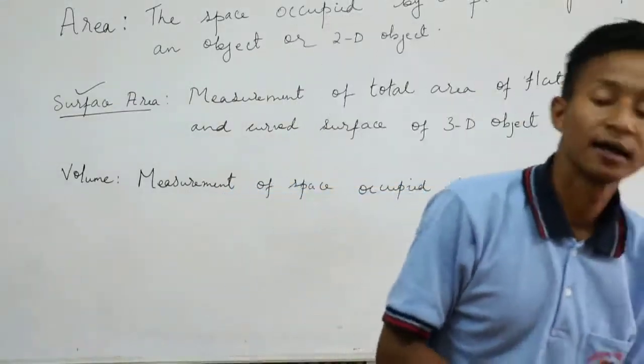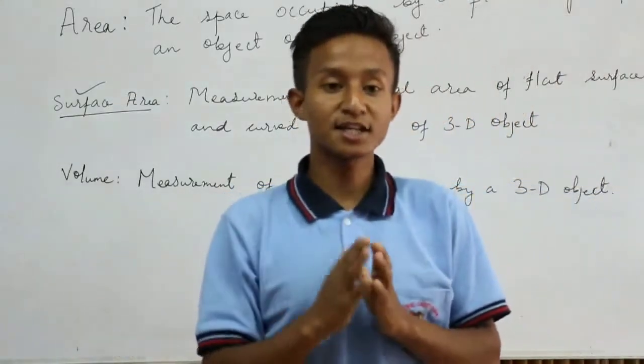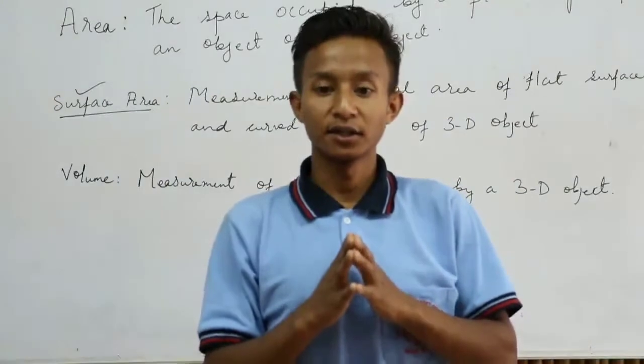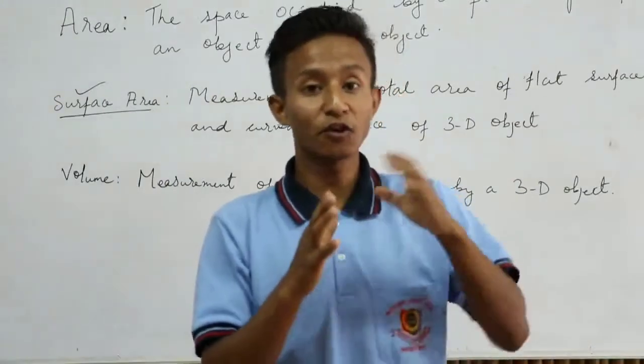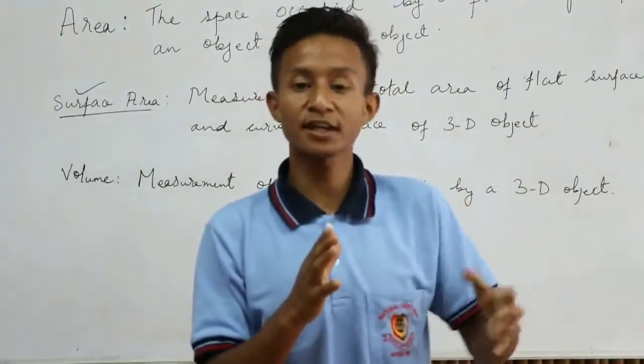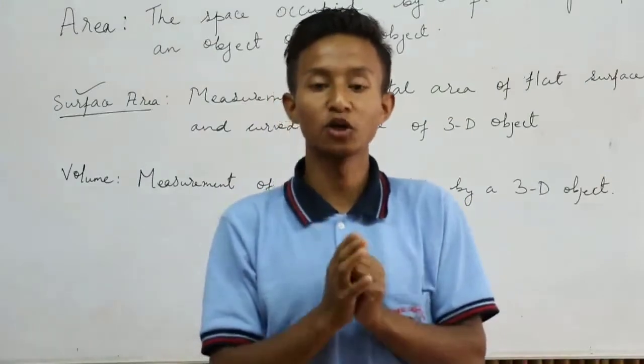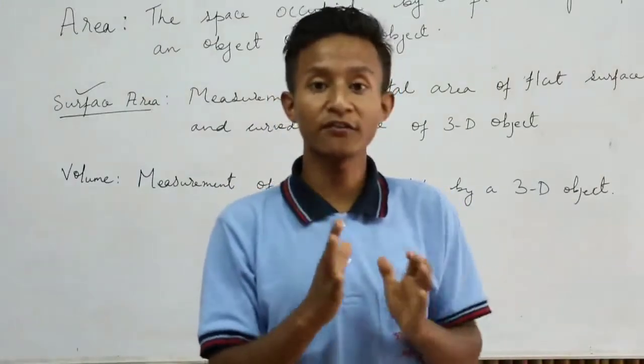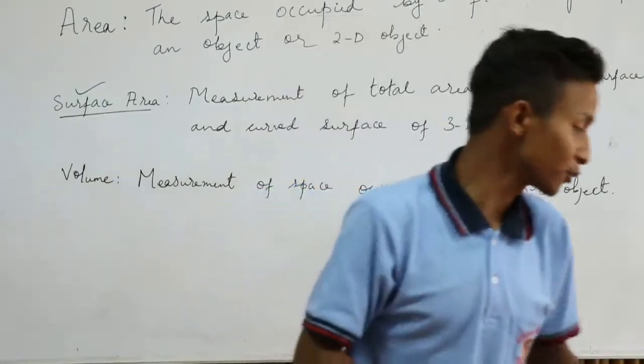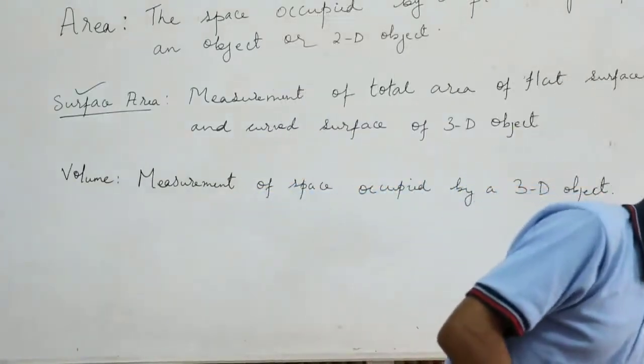So in this class I would like to discuss all the formulas of curved surface area, total surface area and volume of these 5 objects. First, let me start with a cuboid.